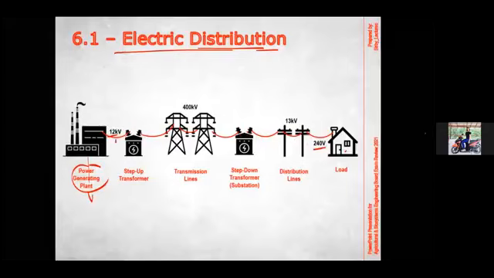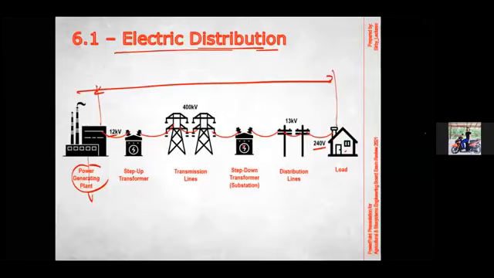It has to have a step-up transformer. Recall that a transformer is an electrical device that either increases or decreases the voltage, and in return there's going to be an effect on the electrical currents. Right here there's a step-up transformer. You would notice that these generating plants are miles away from the load, whether that's residential or commercial.